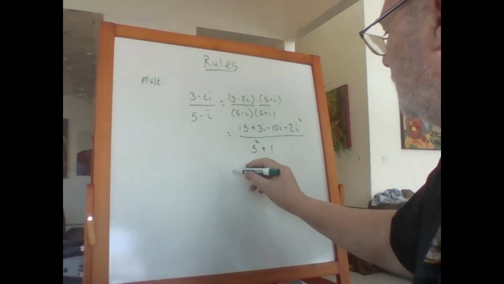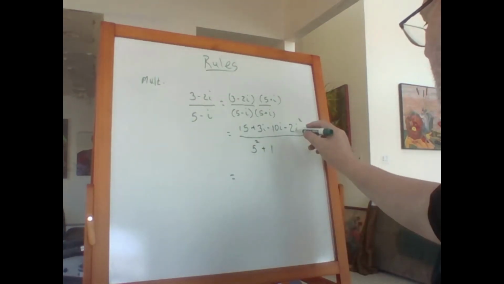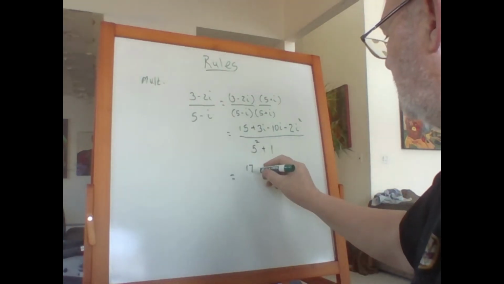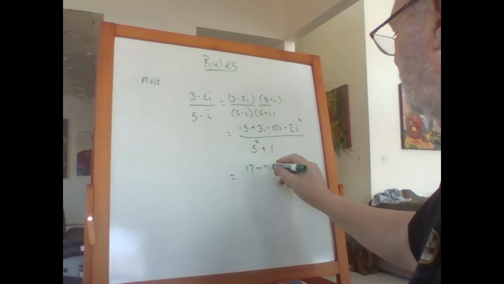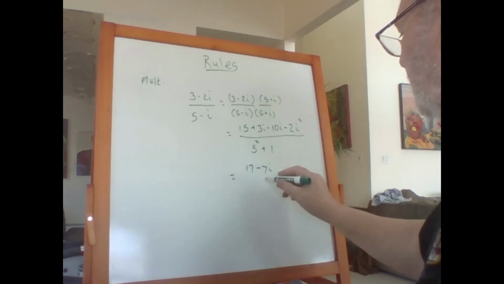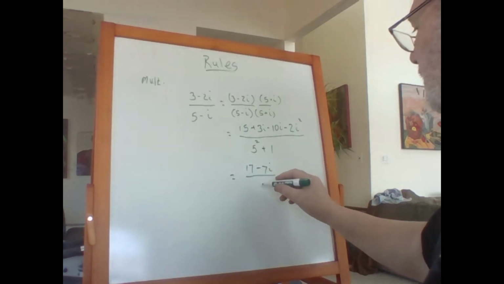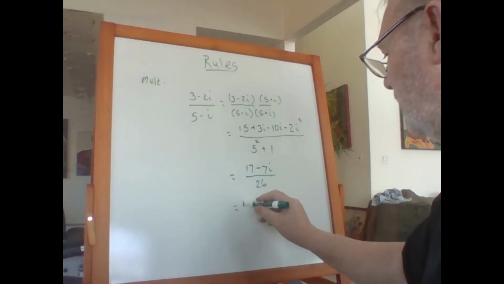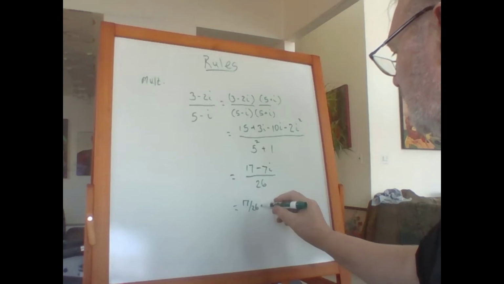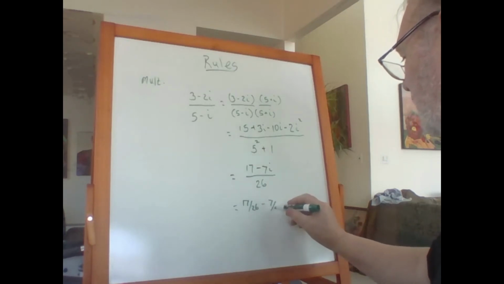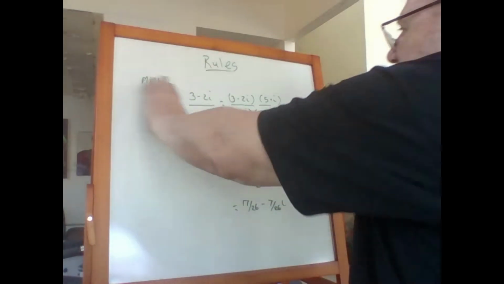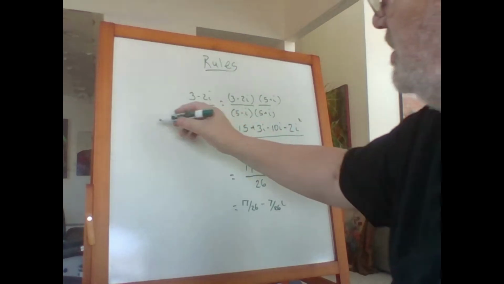So that's equal to, this is minus 1, so that's 17 minus 7i over 26. And that's equal to 17/26 minus 7/26 i. So that would be a division.